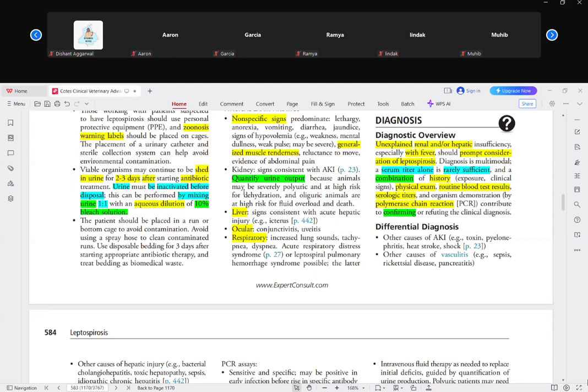The animal actually sheds this organism in the urine for 2 to 3 days, so you have to use bleach for disinfection. Okay, just remember this.